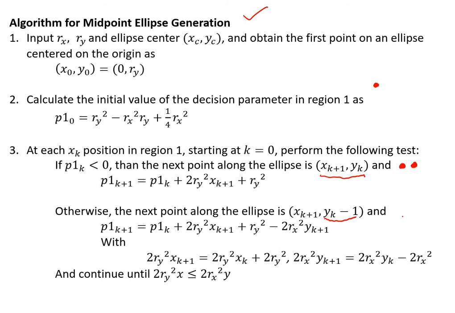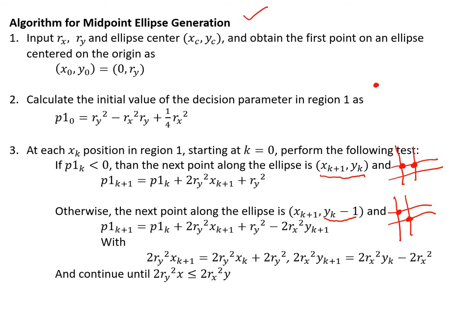Otherwise, if p1k is greater than or equal to 0, suppose we are already here, the next step we are going to take is here. X will increase no matter what, but in this case y will decrease. So this is your pixel. That is how you are going to move.